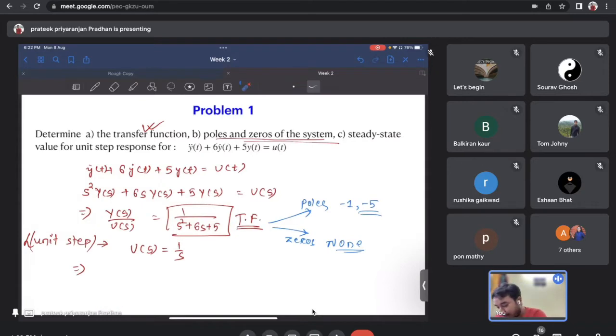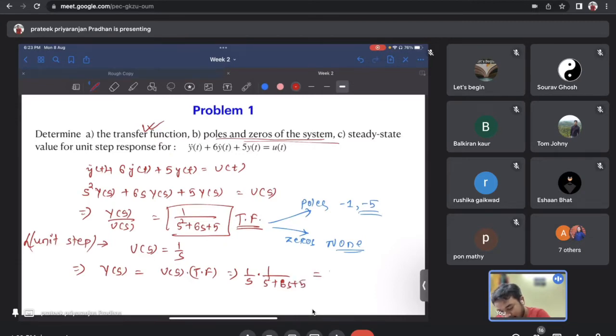Okay. So two things you can do. You can double integrate the equation, but I won't recommend it because it will be very hectic and hard to solve. So we have y of s. That means y of s is equal to u of s into the transfer function, that is 1 by s into 1 by s square plus 6s plus 5.